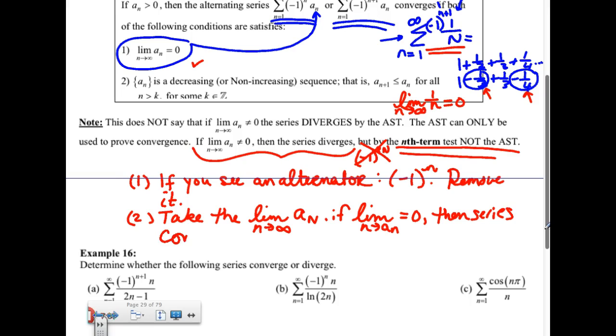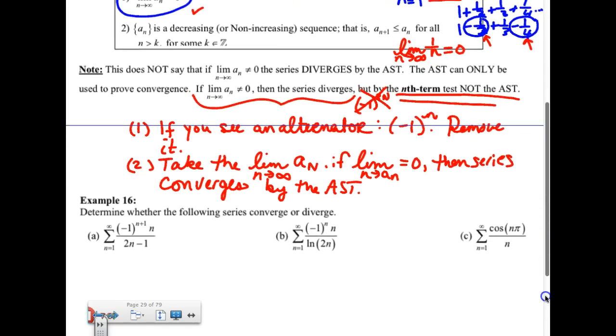It means that alternator was enough to make it converge. So it's very similar to the nth term test, but what this does is we say it converges by the alternating series test. Remember, when we get a limit that goes to 0, that does not mean that the series converges. But if it goes to 0 in the presence of an alternator, then the series converges.